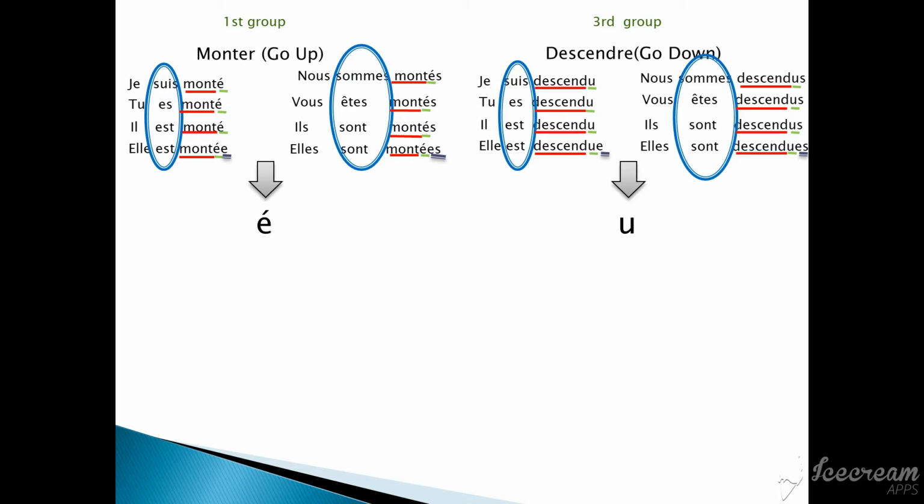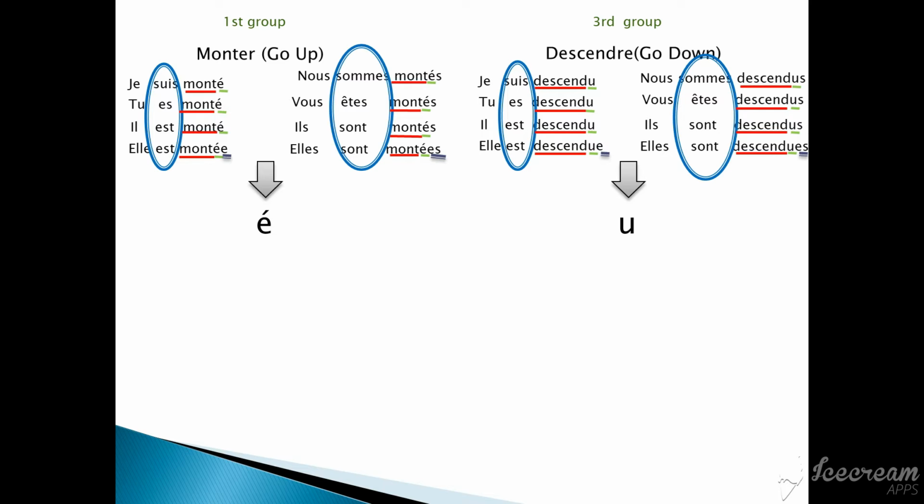Let's get back to the verb monter. For the subject pronoun elle, we have elle est montée. So we said that é is the ending of the verbs of the first group in the past. But what is the additional e for? As the subject pronoun elle is for female, we need to add e in order to separate male and female.